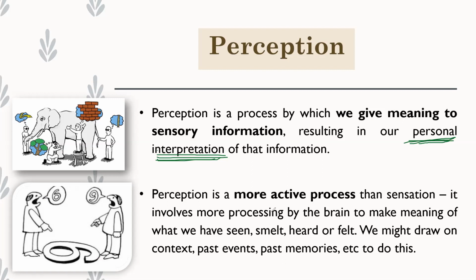This is not normal for that teacher to wear. So perception is you making sense of the sensory information you receive, and it's a more active process. Because whenever we make judgments about something, we're always putting a lot of effort into understanding what it is and into making sense of that particular sensory information.